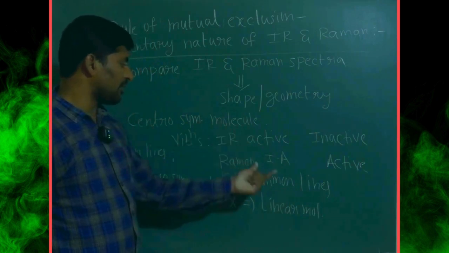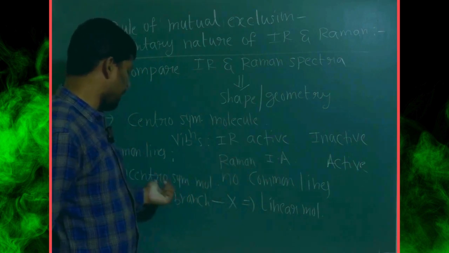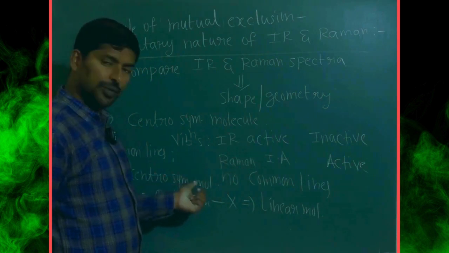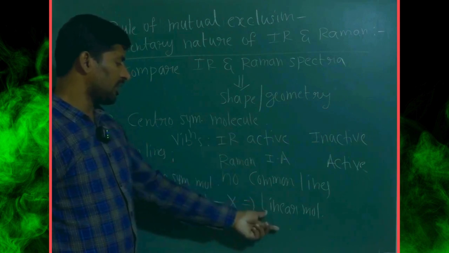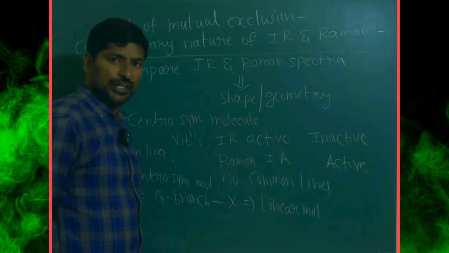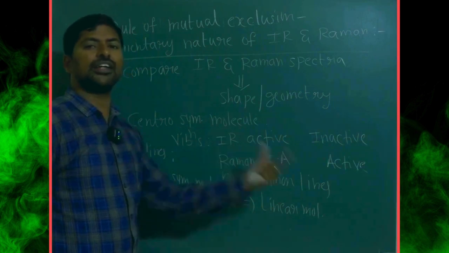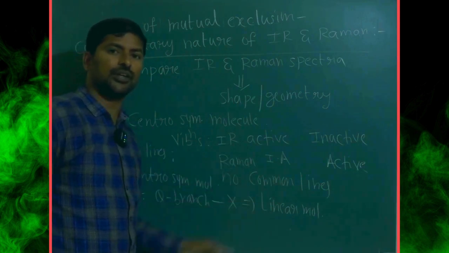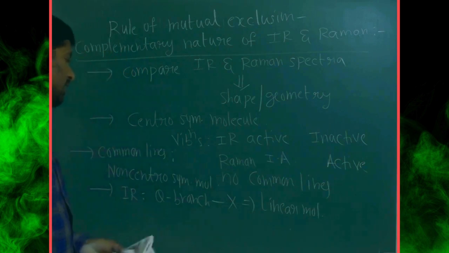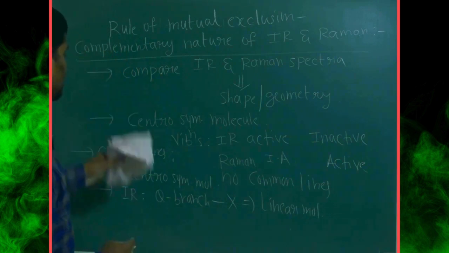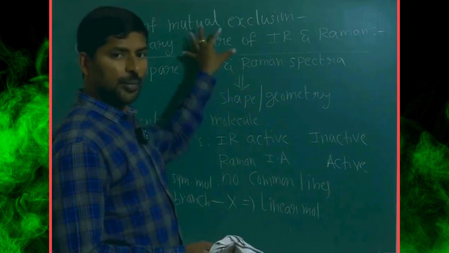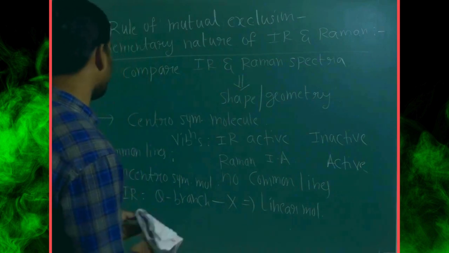Next, if common lines are present, that is a linear non-centrosymmetric molecule. If no common lines, that is a linear centrosymmetric molecule. If Q branch lines are present, that is a non-linear molecule. So like this, we can give the shape or geometry of the molecule by using this principle.